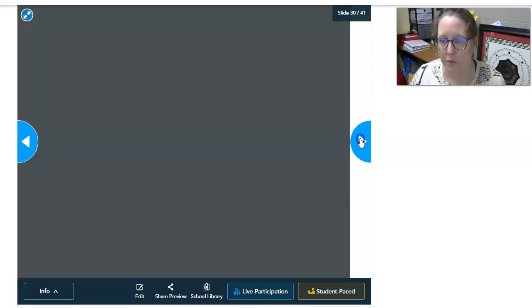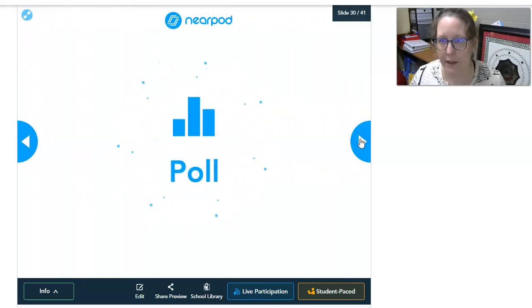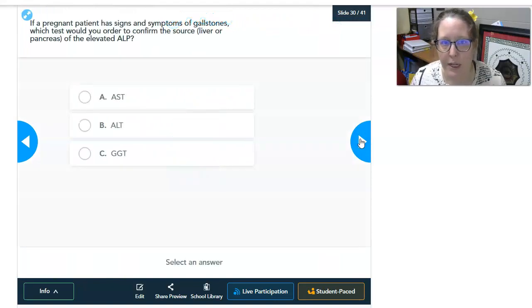Okay, so do this little matchup activity, and then we're going to go over a few questions. If a pregnant patient had signs and symptoms of gallstones, so think about it, she's pregnant, she would have alkaline phosphatase that's elevated because of the placenta and the growing baby. So then which test would you order to confirm the source of the elevated alkaline phosphatase, liver or placenta?